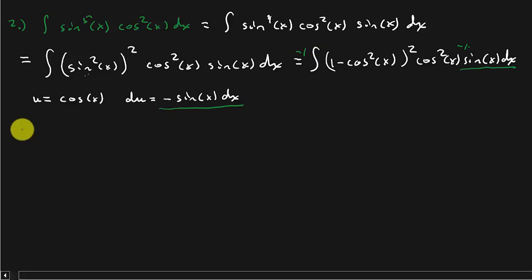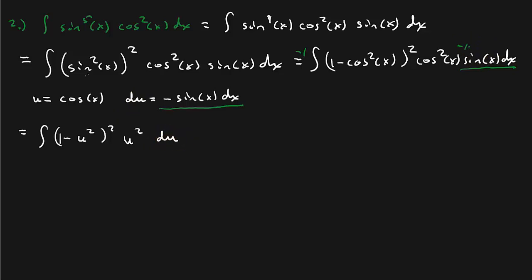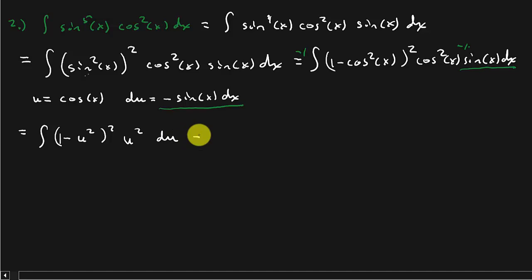All right, and so now let's do our substitution. In the place of cosine, I'm going to put u. So that's 1 minus u squared, squared, times u squared. I put u in for cosine, and then the negative sine x dx right here, I'm going to replace that with du. So what is that going to give me?